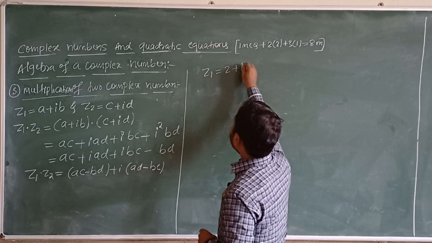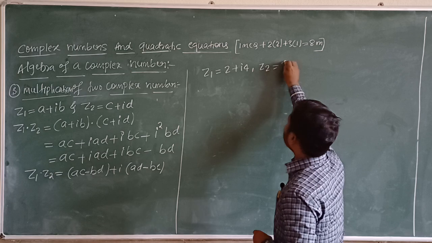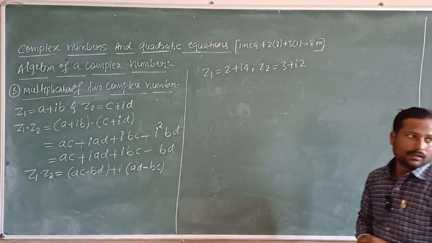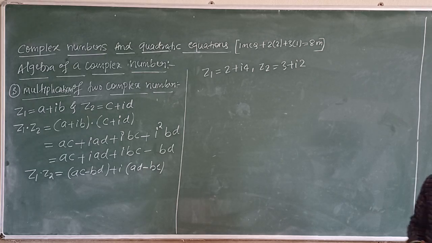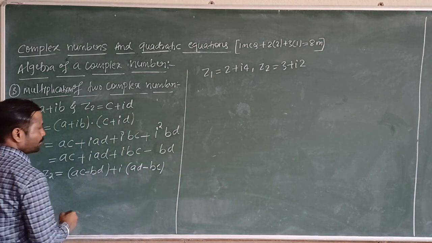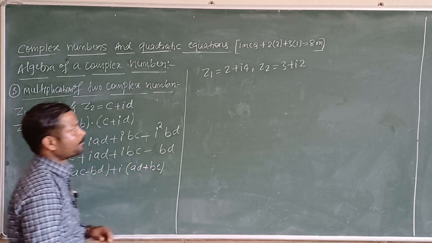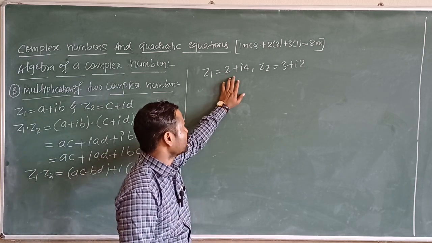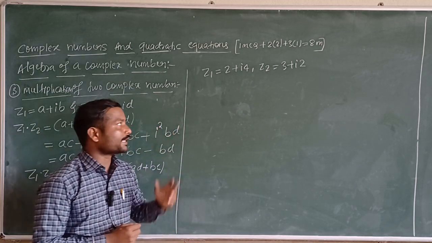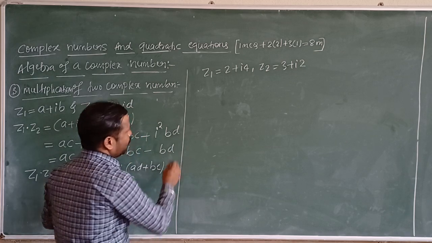Take one particular example here, that is z1 is equal to 2 plus i4, and z2 is equal to 3 plus i2 now. ad plus bc, i common, this one is ad, this one is plus bc. These are two complex numbers, and we have to multiply these two here.